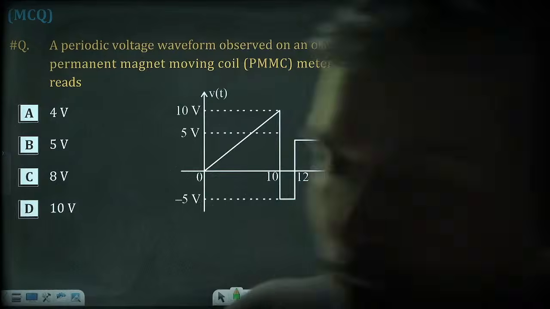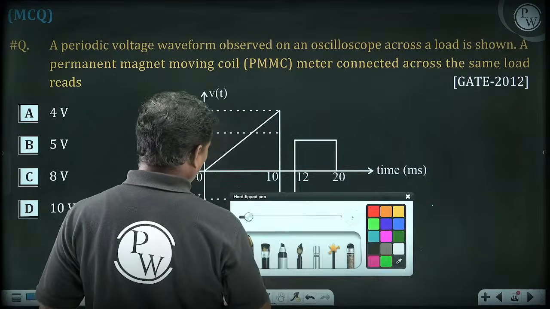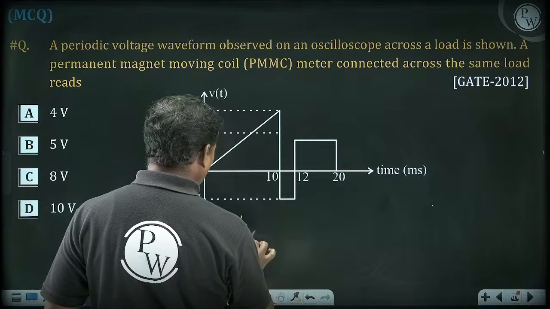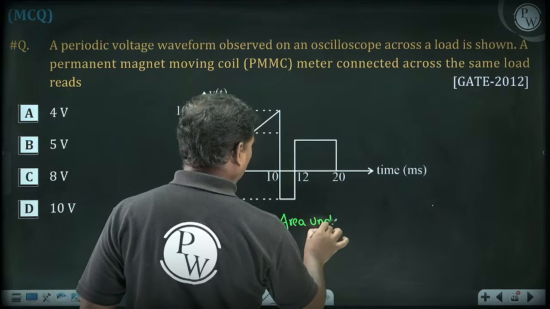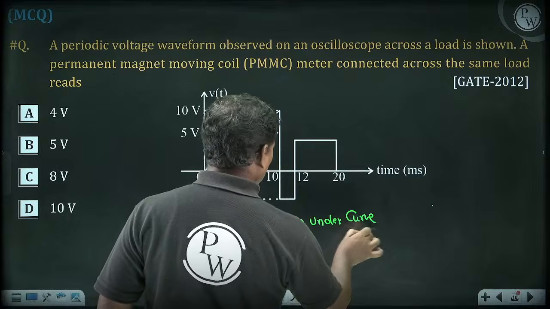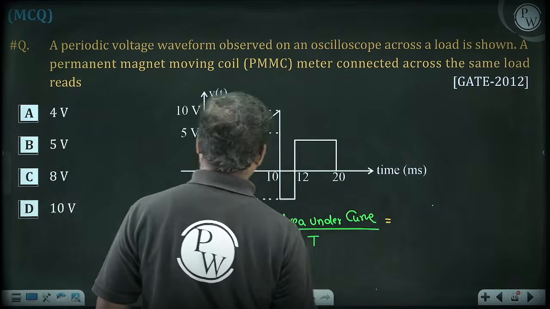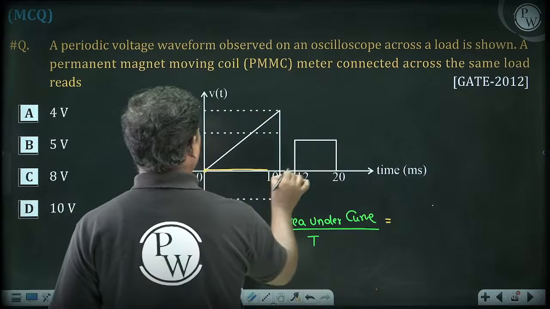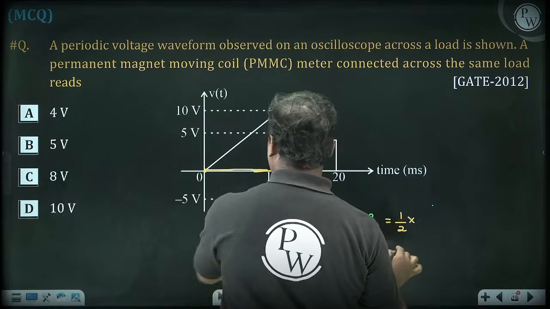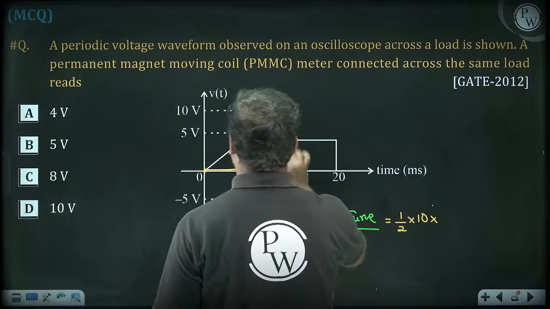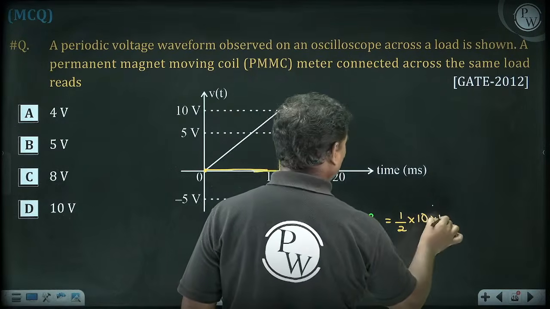Now see here, what are the answers? The periodic waveform observed on the oscilloscope. So we have to measure the V average. V average means the area under the curve divided by the time period. So what is the area under the curve? I can take this area as half base into height, that means half into 10 into height, and the height is 10.